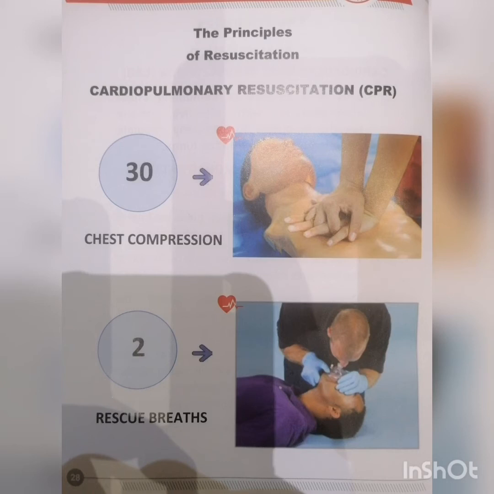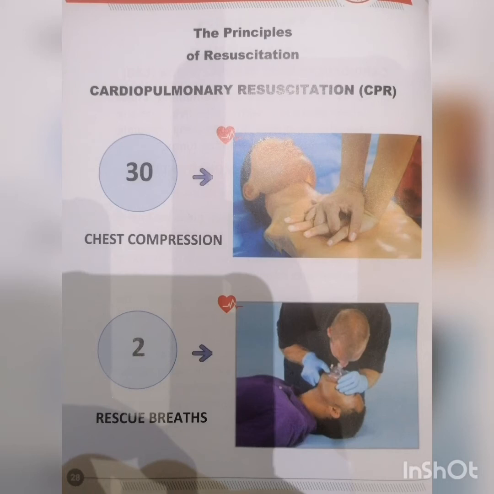Then number 3, position yourself vertically above the casualty's chest with your arms straight. Then press down for 5 to 6 centimeters. After each compression, release all of the pressure on the chest without losing contact between your hand and the sternum.